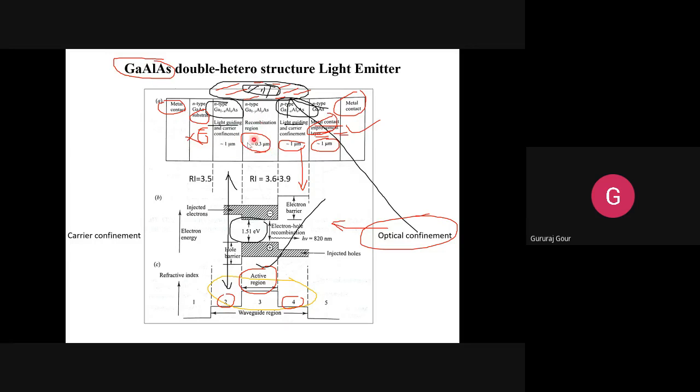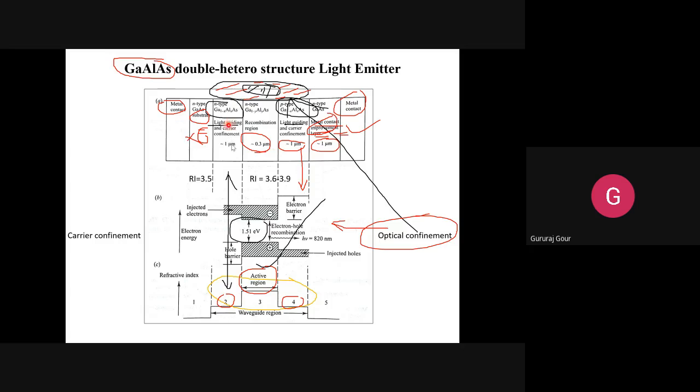So this 0.3 micrometer region, if you take the radiation pattern or the light emitting pattern, will be isotropic. Its half power beam width we want to be coherent, and it will be perfectly coupled with this optical fiber.